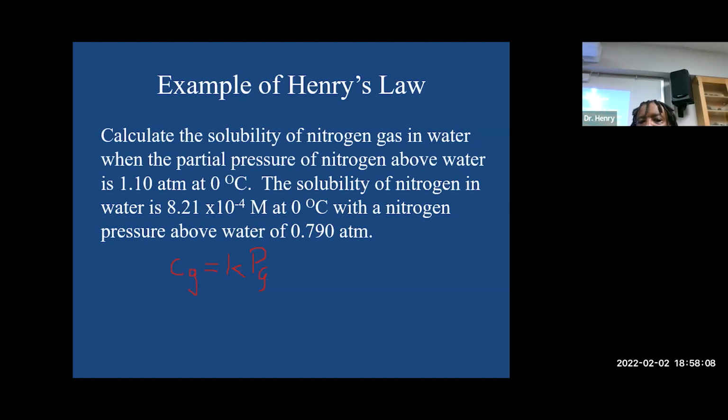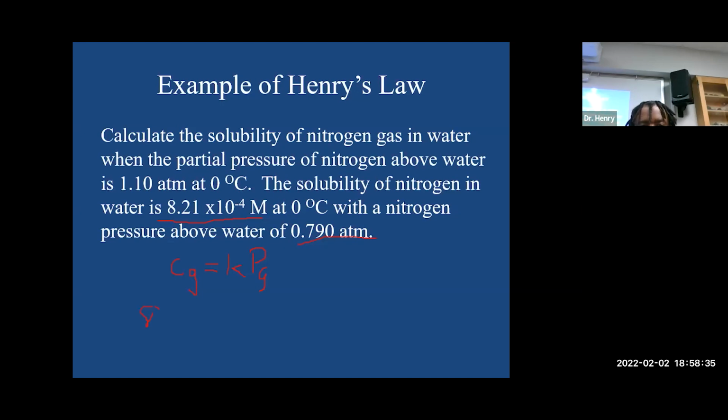Okay, so the solubility of nitrogen in water is 8.21 times 10 to the minus 4th molarity at 0 degrees Celsius with the pressure. So in other words, first thing that we need to do is find that constant. So we're going to use this part here to find our constant. So that's going to give us our concentration or our solubility, right?